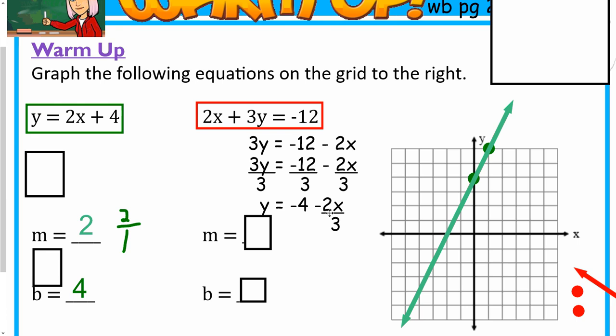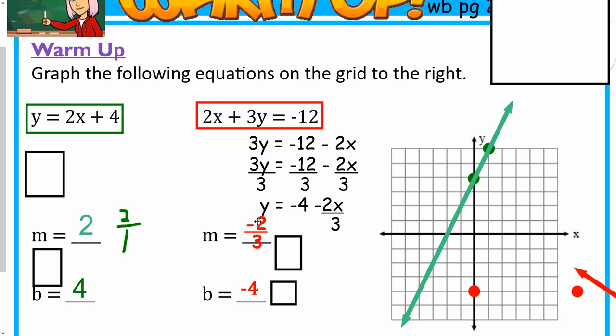Now the slope is with the x, so our slope is negative 2 over 3, and the y-intercept is going to be negative 4. Start by plotting the y-intercept of negative 4. On the y-axis, 1, 2, 3, 4, I'm going to go down to negative 4. That's my starting point. And from that y-intercept spot, I'm going to use my slope to get a second point.